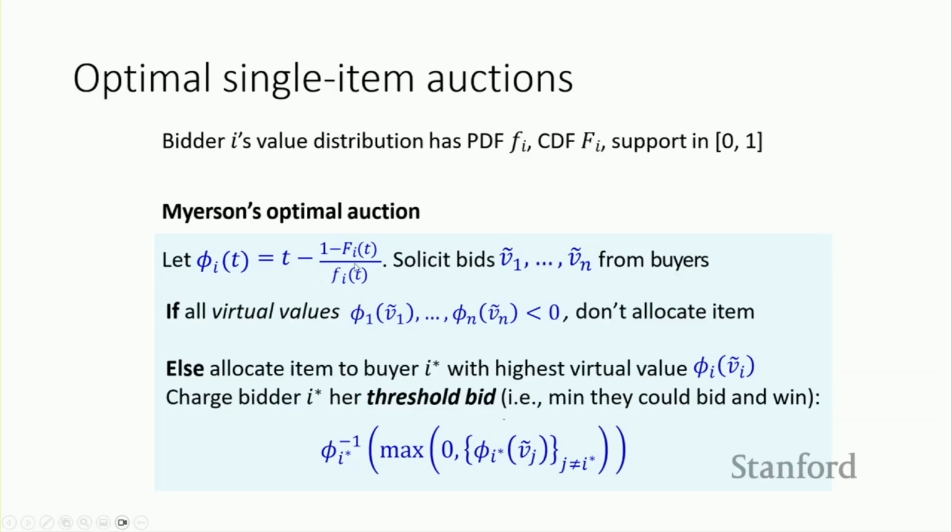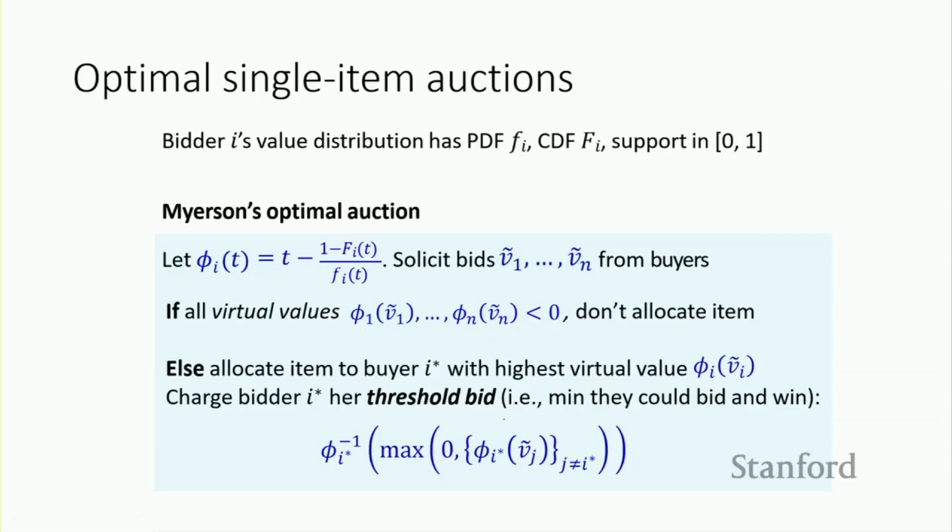Okay, so once you compute this, you're going to solicit bids from across all the buyers. And the procedure is, first you check if all the virtual values, these computed quantities across all the items for each bidder, are less than 0, which also means that the gap between the value and this sort of CDF correction is negative, then you don't allocate the item.